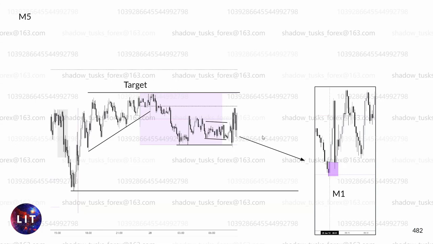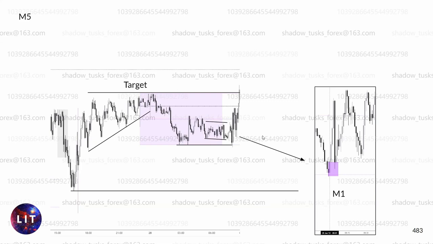Frankfurt Open, right? Okay, so of course, price does its thing. It collects its target. Now we have to think about something. What kind of daily cycle are we potentially looking at, given that we've got a whip low, a whip high? What could we be looking at?